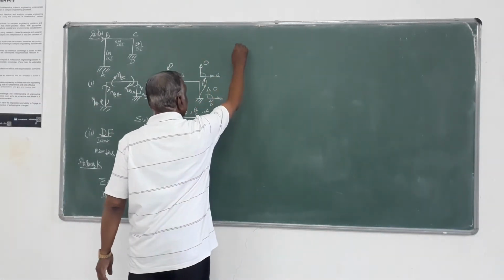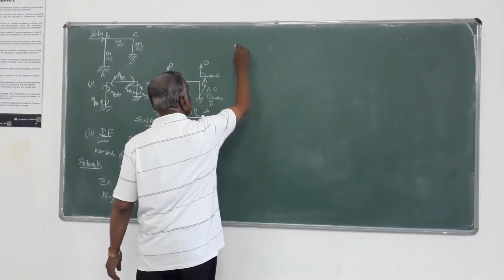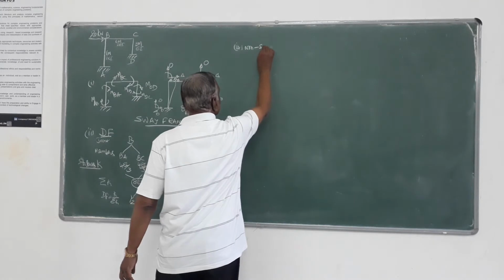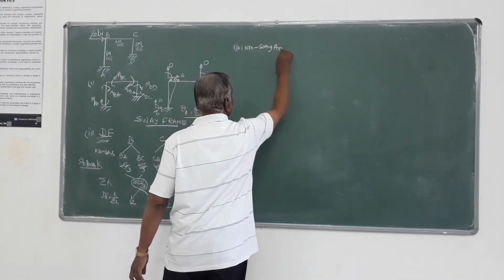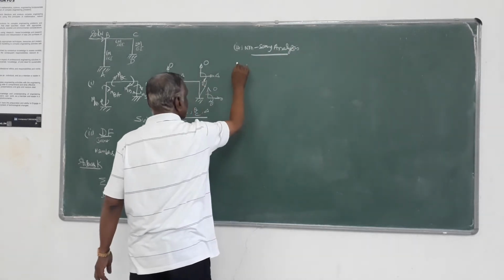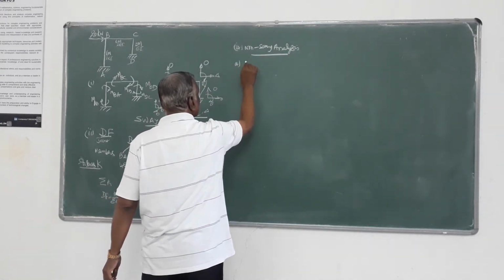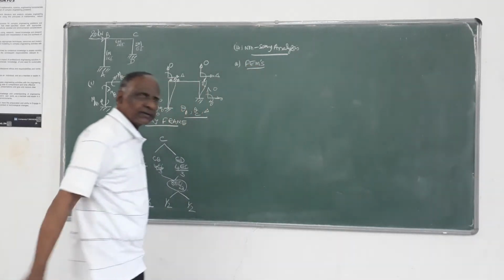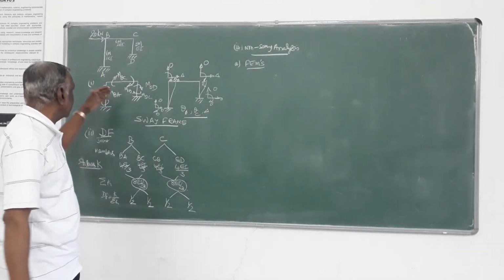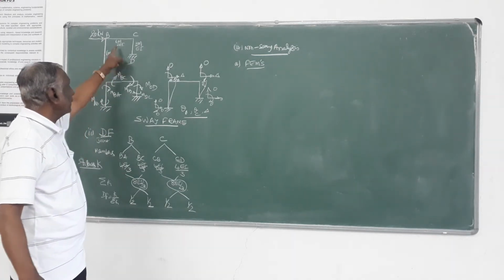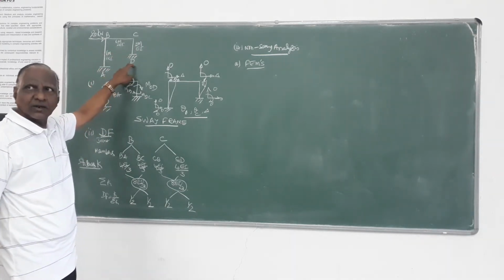Then third step, let us take up non-sway analysis. For this non-sway analysis, first you have to find out fixed end moments. Fixed end moments you determine for the loading coming on the member. Here, no member has a load.